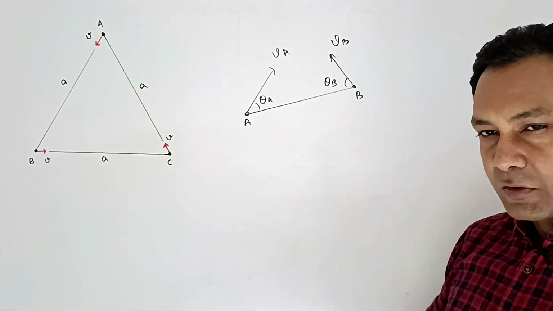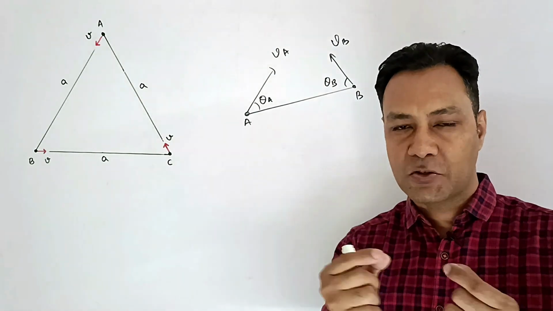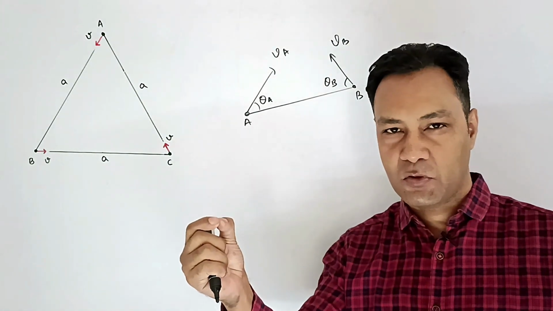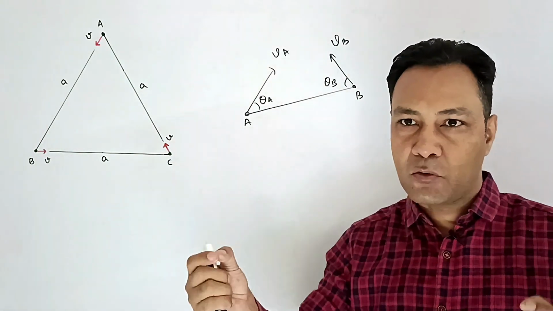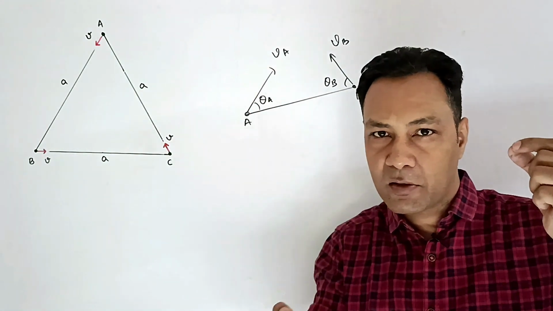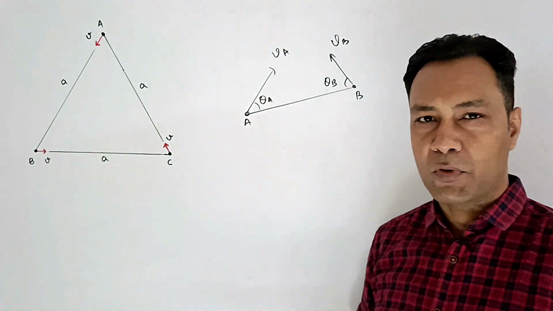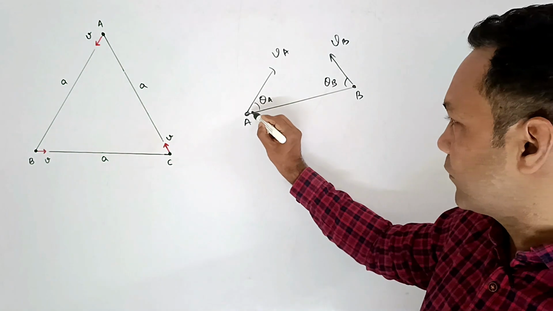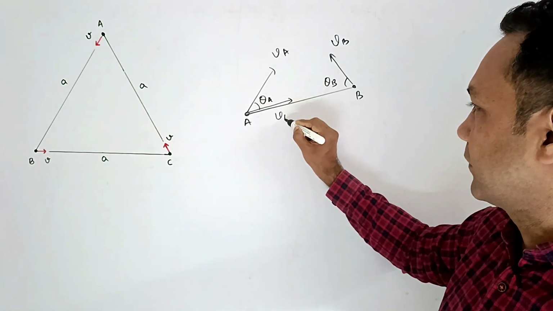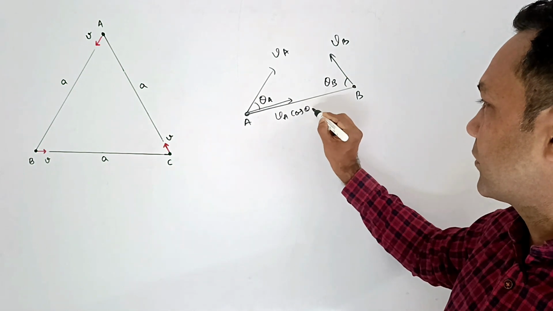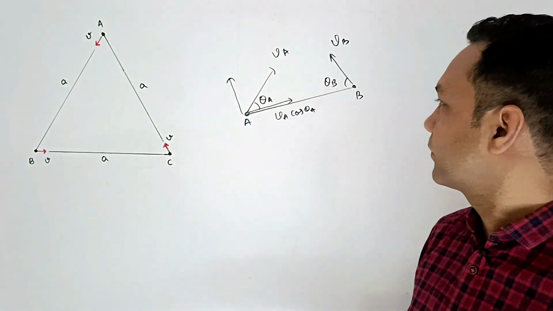For the particles to come closer, it is the components of velocity along the line joining them that are responsible. The components of velocity perpendicular to the line joining are responsible for their relative rotation. So we have to make components of velocity along the line joining them. If I make a component of VA along this line, that is VA cos theta A, and this component I am not bothered about.